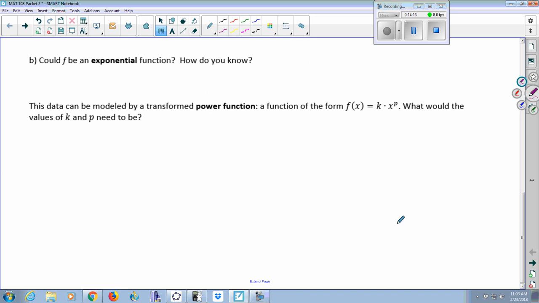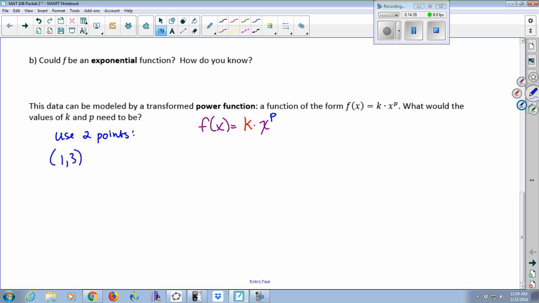So our job is to find the value of k and the value of p. We use 2 points that we know lie on this power function. We know the point 1, 3 is on that power function.